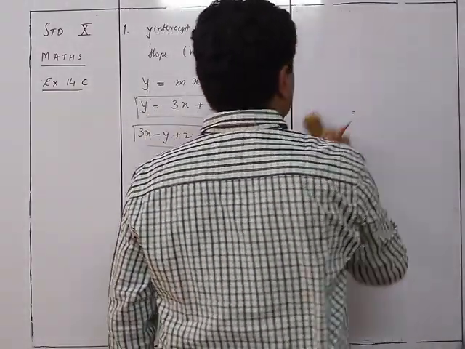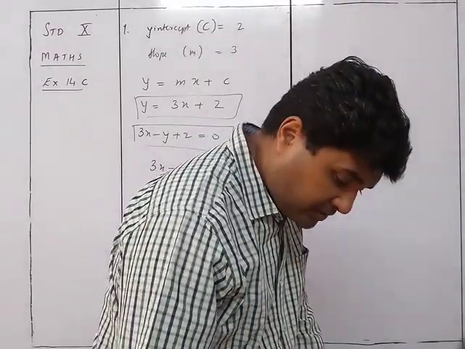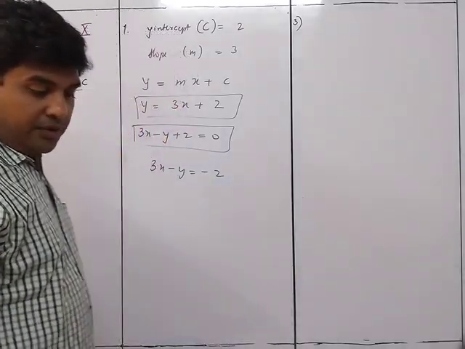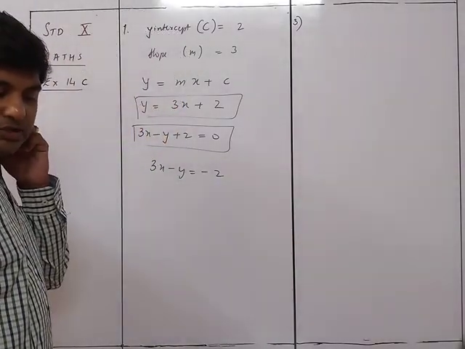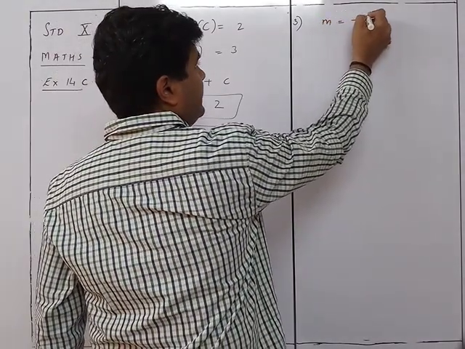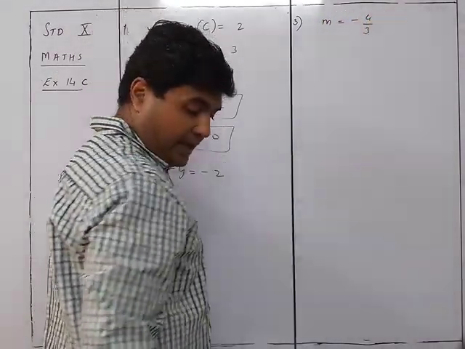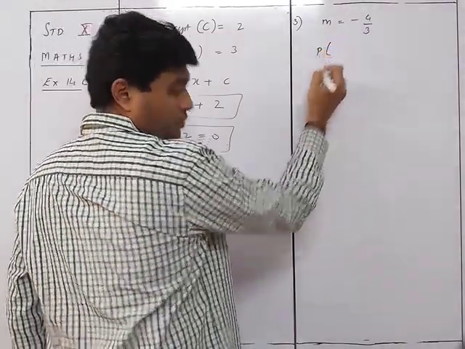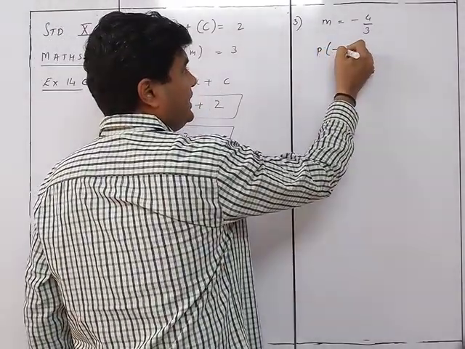We now move on to sum number 3. Find the equation of a line whose slope is -4/3. So it's given that m = -4/3, and the line passes through a point P, which is given as (-3, 4).